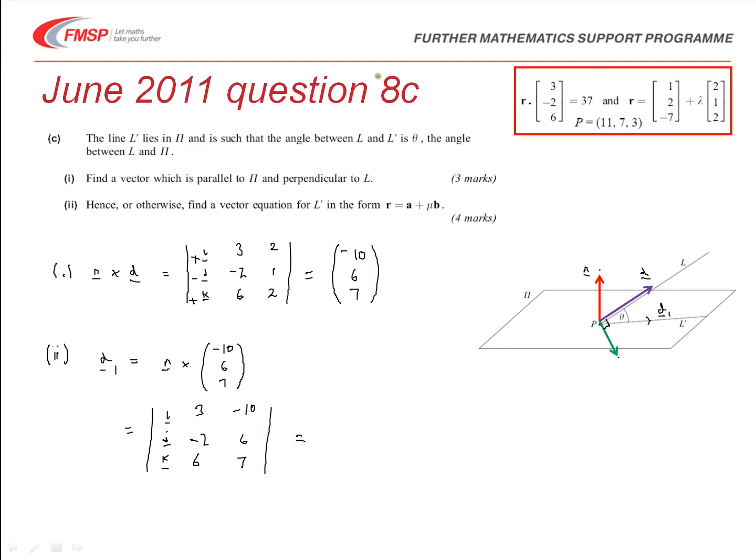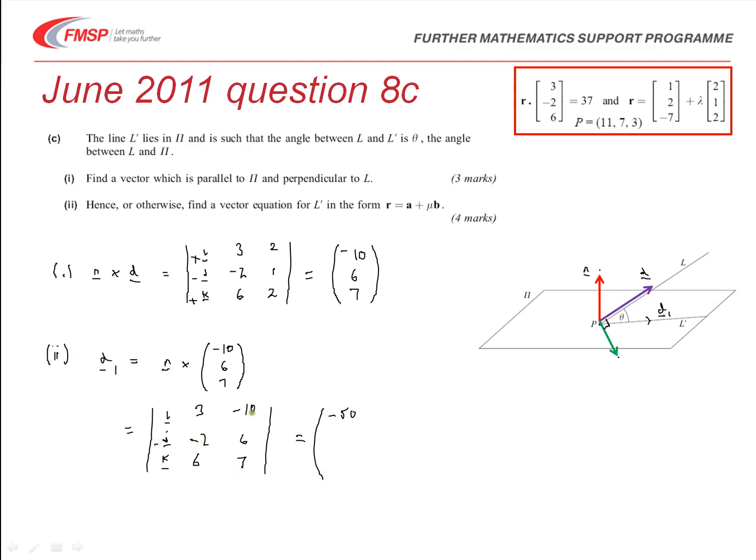And so what are we going to get? Starting with the i's. Negative 2 times the 7 is negative 14. Take away another 36. That's going to give us negative 50. Similarly, to get the j's, remember there's a negative sign on that one, as in the previous example. 3 times 7 is 21.